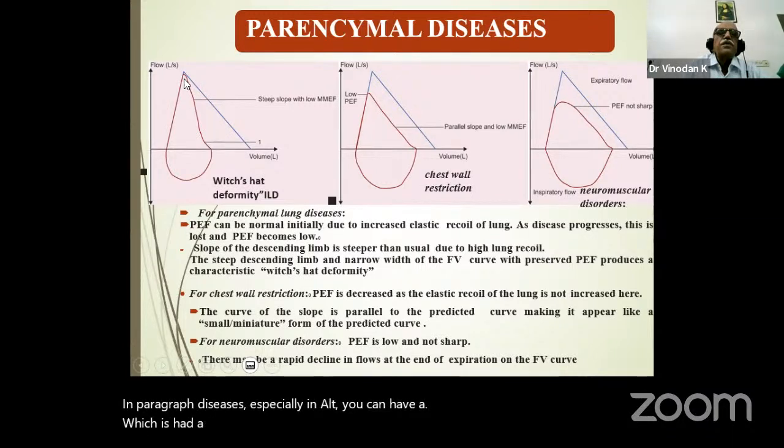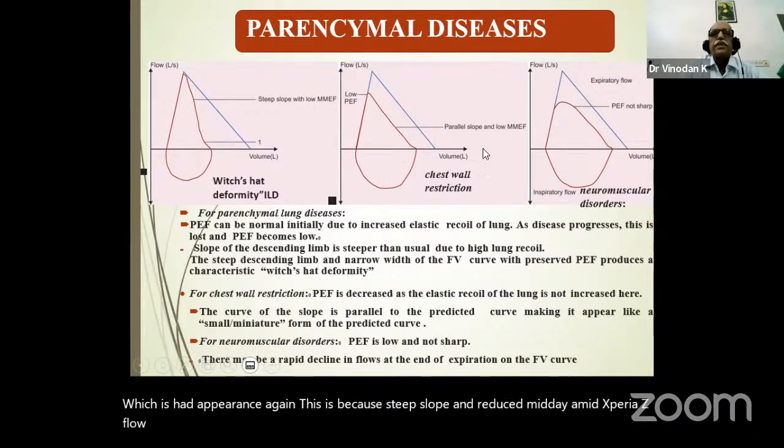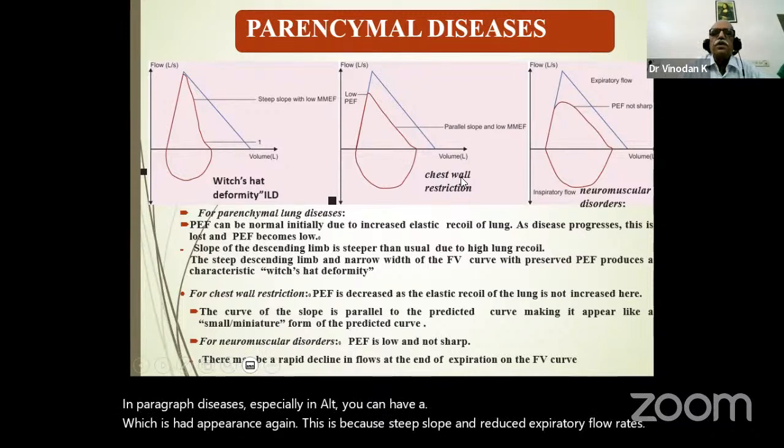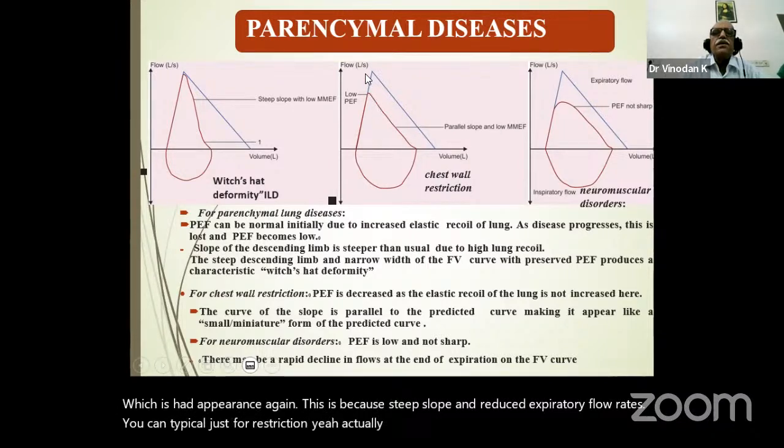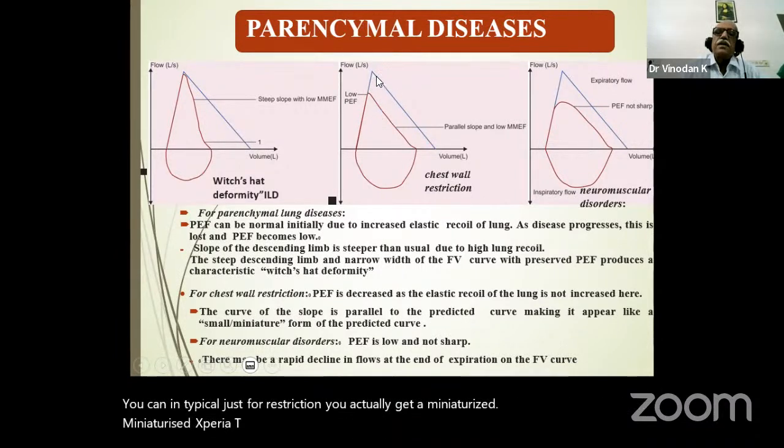Again, this is because of a steep slope and reduced mid-expiratory flow rates. In typical chest wall restriction, you get a miniaturized expiratory pattern. It is similar to the normal, but miniaturized.